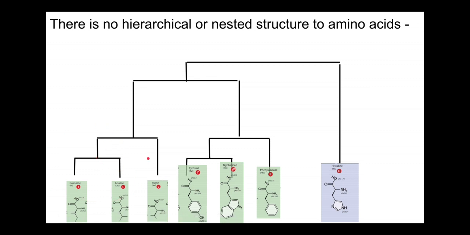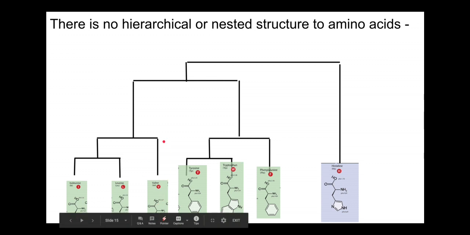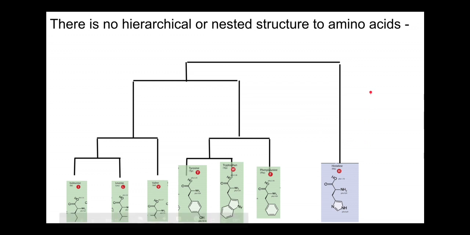Things that are more distantly related, or not related, but that share fewer chemical similarities, share a different node. So isoleucine, leucine, and valine are kind of like a clade over here. Tyrosine, tryptophan, and phenylalanine are a clade here. All of them are hydrophobic molecules, so they are in a larger clade, and then histidine is much more distantly associated with them.